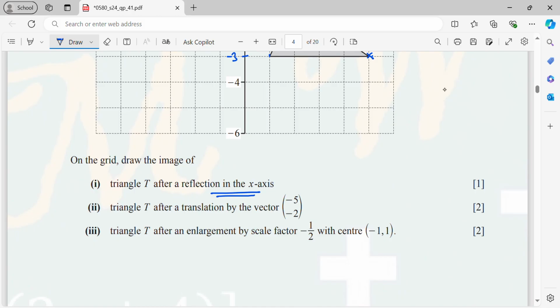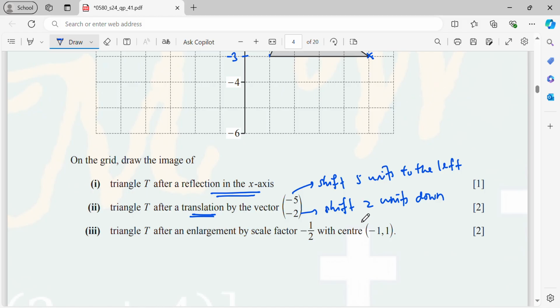Now, triangle T after the translation by the vector minus 5, minus 2. This minus 5 means you shift 5 units to the left. Okay, the minus 2 means you shift down. Shift 2 units down. So now, 5 units left, 2 units down.